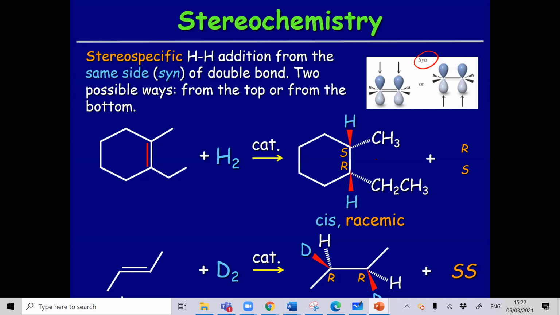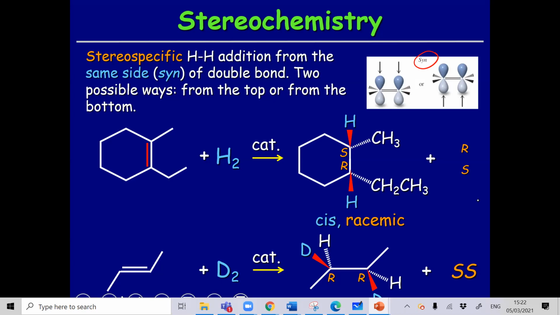Now, the second reaction is something that I find truly fascinating. Because here you are adding deuterium, and deuterium will actually create a new chiral center, because deuterium and hydrogen, whilst chemically they are the same, are going to give different structures.